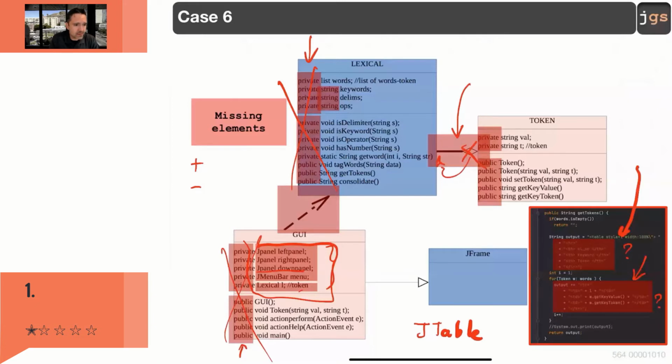Moreover, you represent the data with some HTML labels to create a table. Again, that was not the requirement. The requirement was for you to learn how to use the JTable class, and therefore include the JTable class in your software and in your diagram.